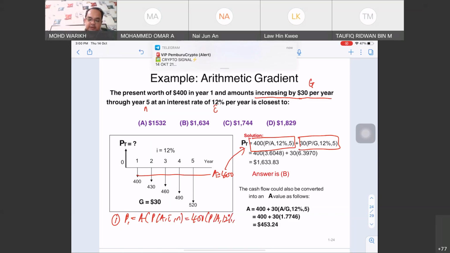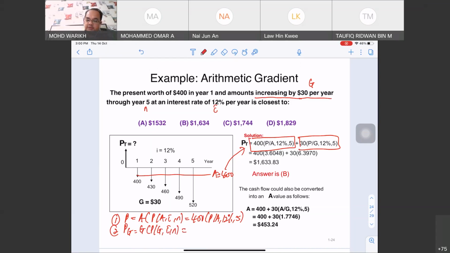12%, 5. The second one is the gradient, PG. So what is G? G is 30 ringgit.